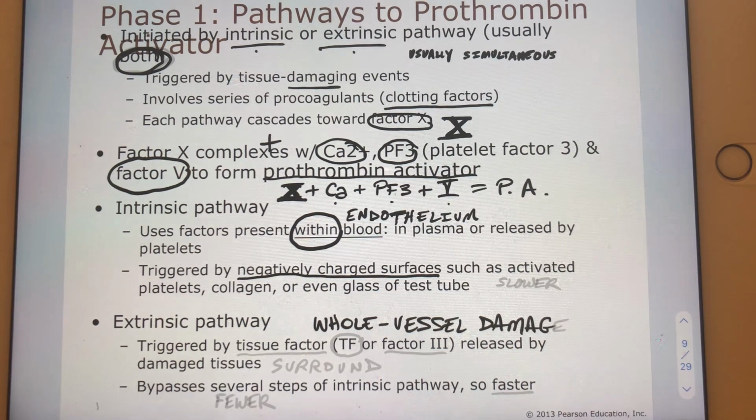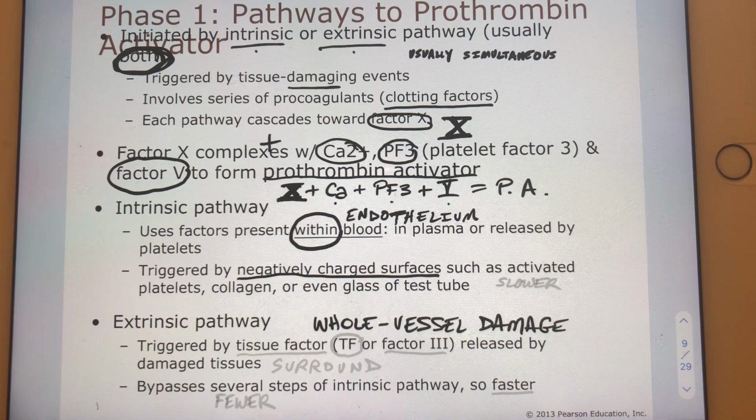My brain, being very visual and kinesthetic, imagines a vessel being crushed in the case of the extrinsic pathway, whereas in the case of the intrinsic pathway, I imagine a boulder, obviously a small one, running through the vessels and scratching the endothelium. But again, very important: most damage will actually yield both, right? If a vessel is crushed, for instance, isn't it likely that the endothelium will also be damaged? Sure.